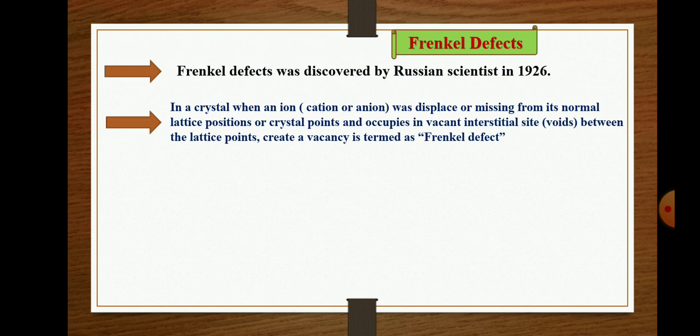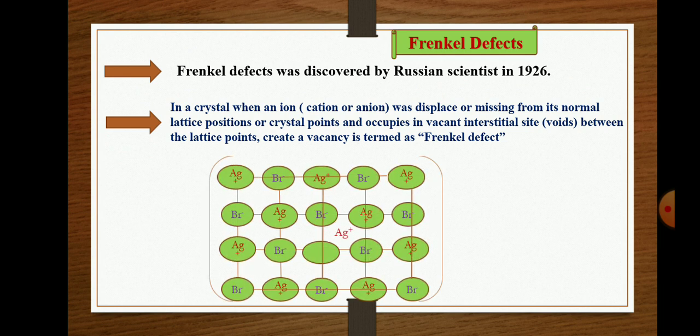He observed in a crystal when an ion, it may be cation or anion, was displaced or missing from its normal lattice position or crystal points and occupies a vacant interstitial site. It is voids between the lattice points, and due to this they create a vacancy and is termed as Frenkel defect.